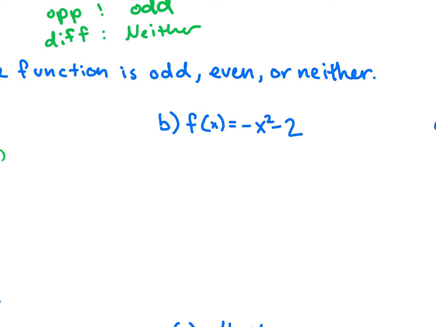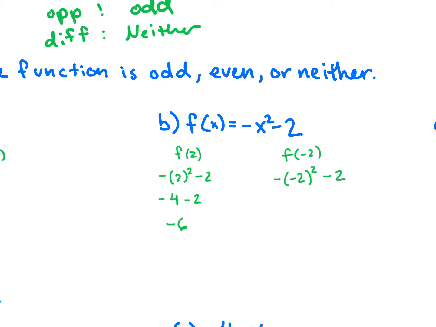For B, again, we can plug in 2 and negative 2. So I have negative 2 squared minus 2. That negative is on the outside. So this would be negative 4 minus 2, which is negative 6. And for the next one, I have negative 2 squared minus 2.